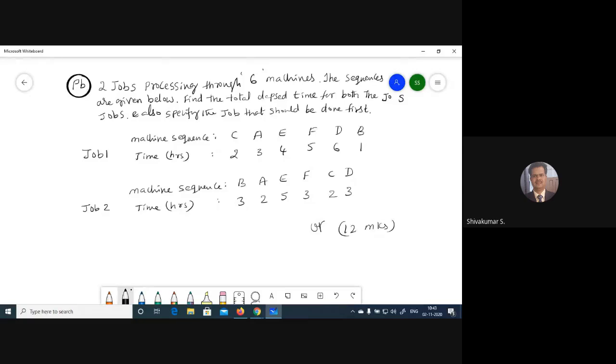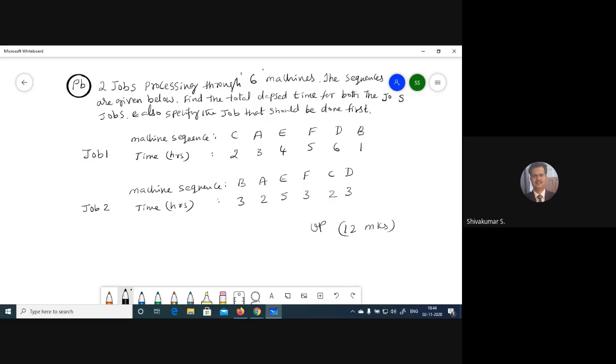This was a question problem in the last exam. Two jobs processing through 6 machines. The sequences are given below. Find the total elapsed time for both the jobs, and also specify the job that should be done first. You have job 1, machine sequence C, A, E, F, D, B, and the processing time also given 2, 3, 4, 5, 6, 1.